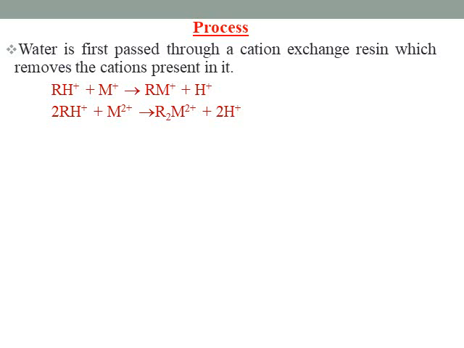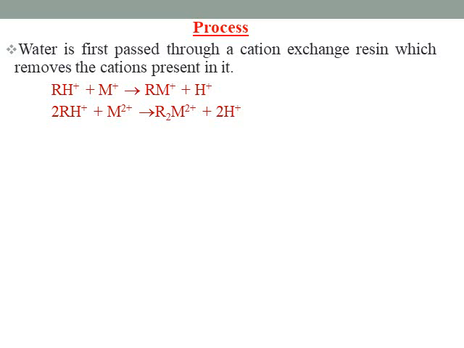So, typically, when water is passed through the cation exchanger bed, the exchanger bed consists of the polymer dispersed with acidic functional groups like H plus. Monovalent cations get exchanged with RH, releasing H plus into the solution and forming RM.